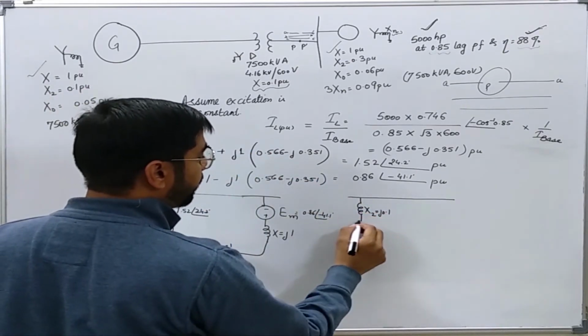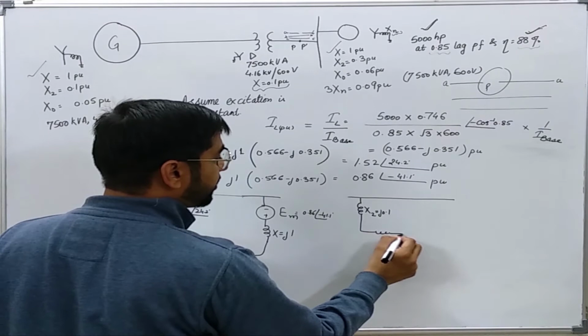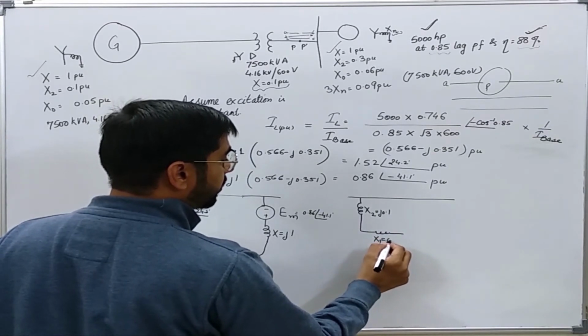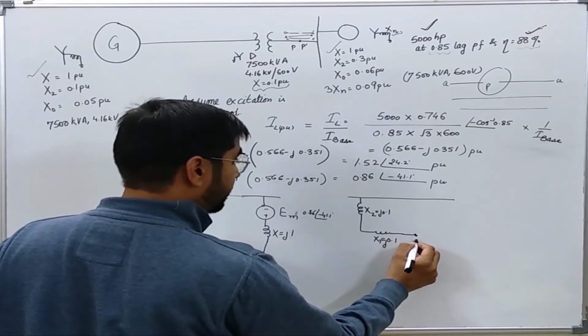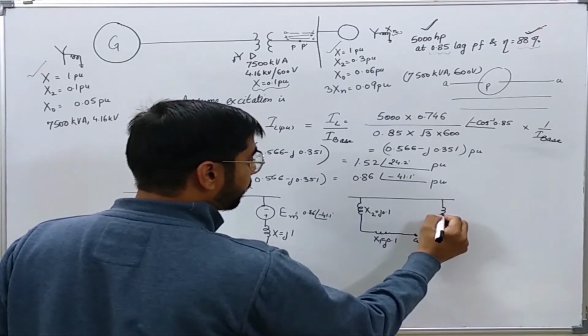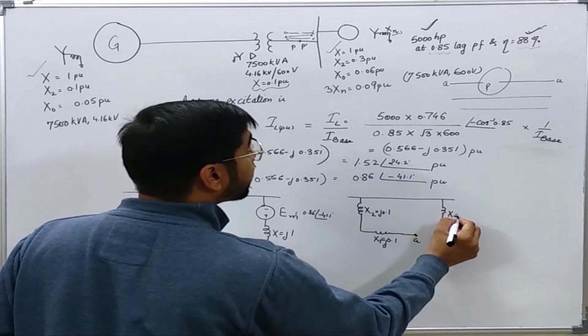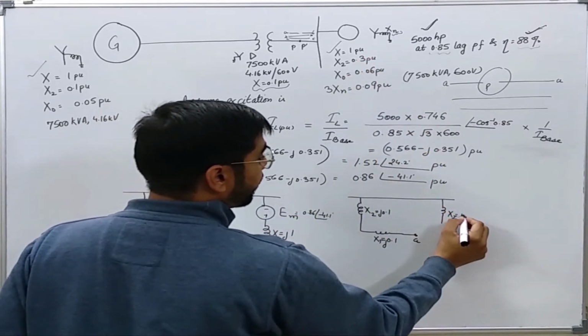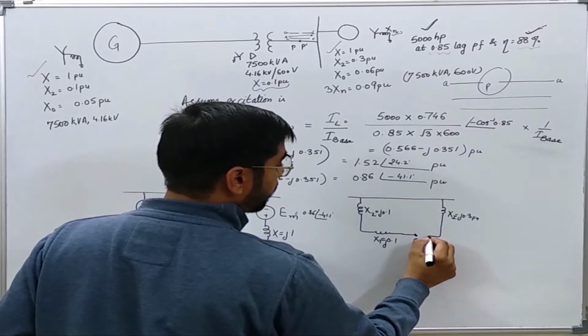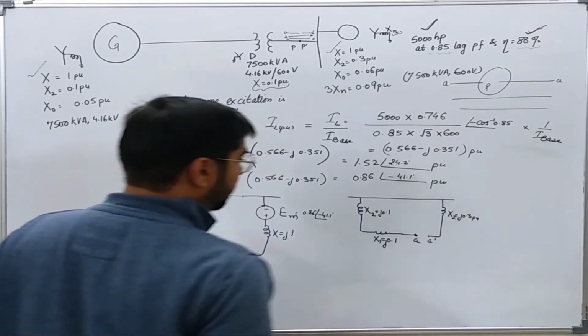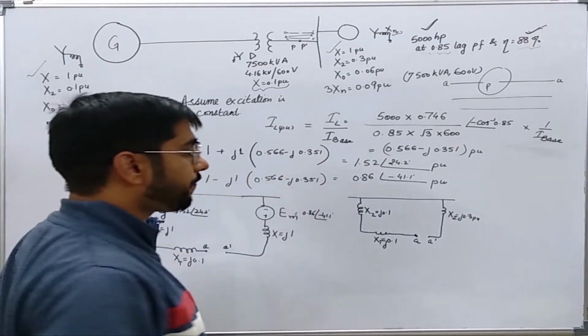For the transformer it is the same, 0.1 per unit, and this is A. X2 is equal to 0.3 per unit. This is A dash. This is the negative sequence network.